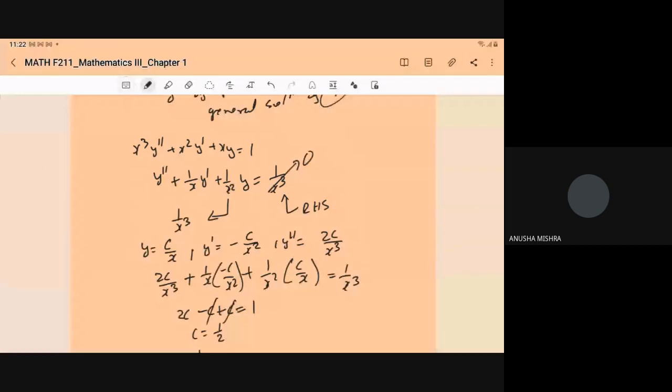For the homogeneous equation we compute the two solutions, and c1 y1 plus c2 y2 will be the general solution. Okay, so for this question, we'll only get the particular solution.